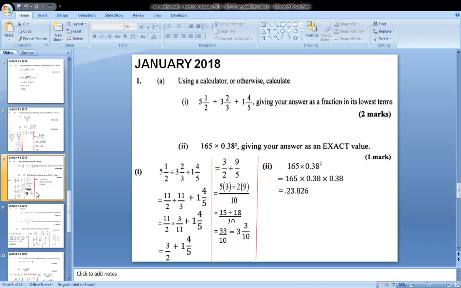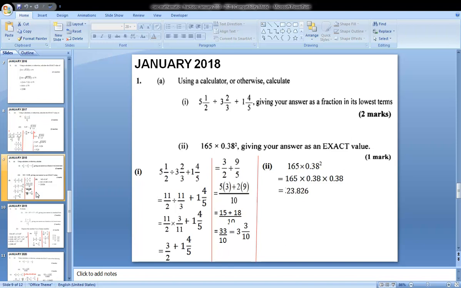So 5 times 3, 15. 2 times 9, 18. So we now have 15 plus 18 over 10. That gives us 33 over 10, which is equal to 3 and 3 over 10. Either answer would be correct.